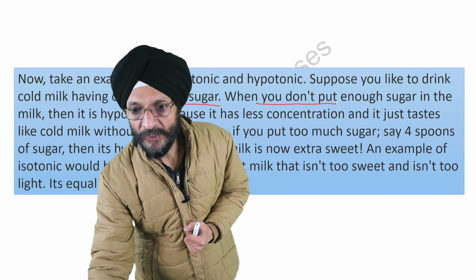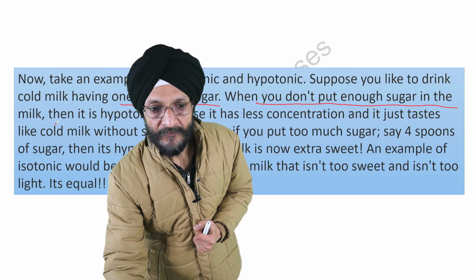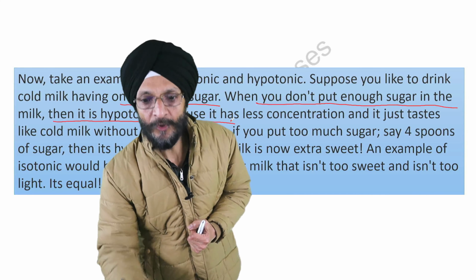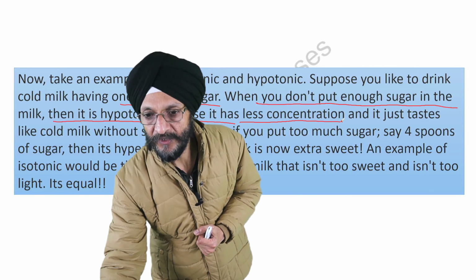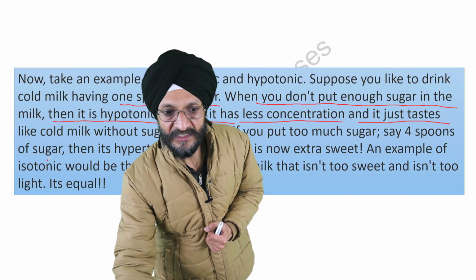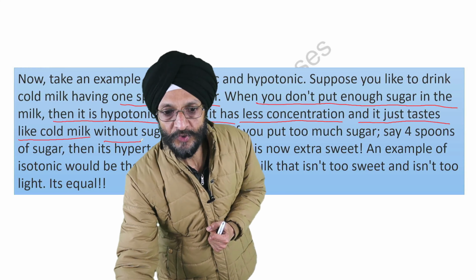When you do not put enough sugar in the milk, then it is a hypotonic solution because it has less concentration, and it just tastes like cold milk without sugar.